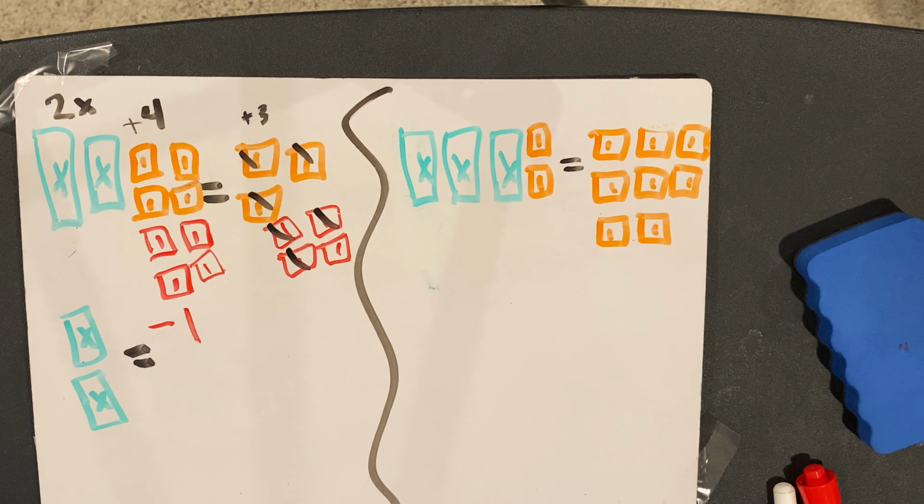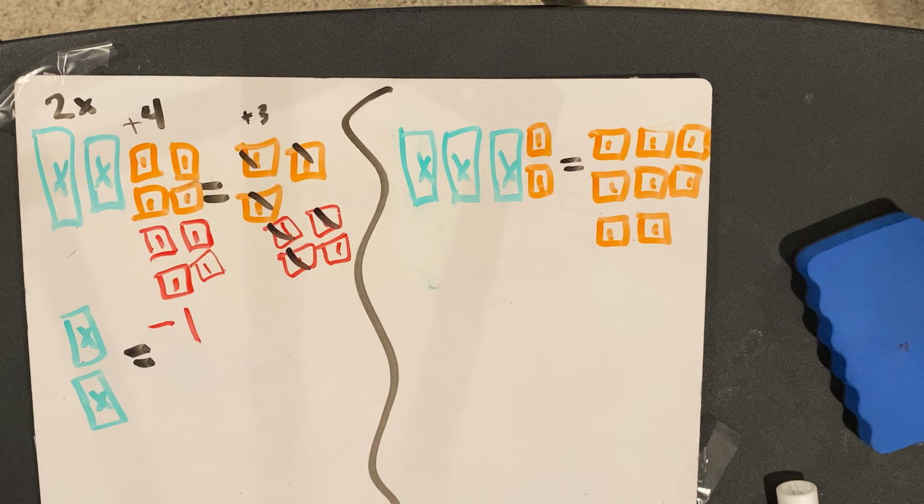Now, how many x's do I have? This one has 1, and this one has none, which means I'm going to take these 2 x's, the number 2, and I'm going to divide the number 2 by both sides, okay?